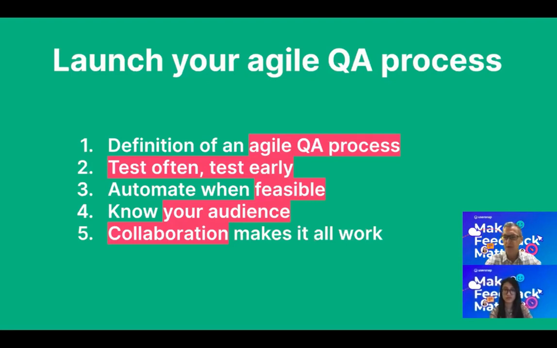Additionally, there is the approach of testing often and testing early. Automate when it's feasible. Also, knowing the audience, like the product users and the target audience of your products and projects, better, and how that can help the QA process. Last but not least, collaboration, and how that makes it work in your team, and how you can bring all kinds of stakeholders into the QA process, and with that hopefully improve your projects and products.